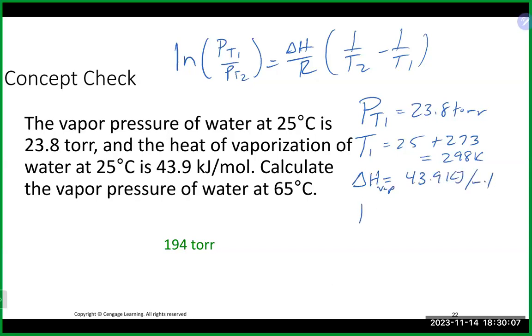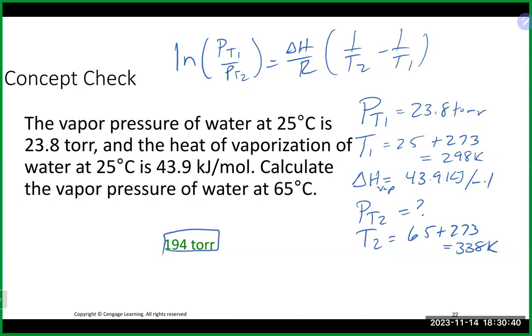And we're looking for the vapor pressure at our second temperature, 65, which we also need to convert to Kelvin. So we'll take 65 plus 273, which gives us 338 Kelvin. So we do have everything that we need. You don't actually need to convert to atmospheres or anything like that. As long as you solve it here, we'll end up in torr.